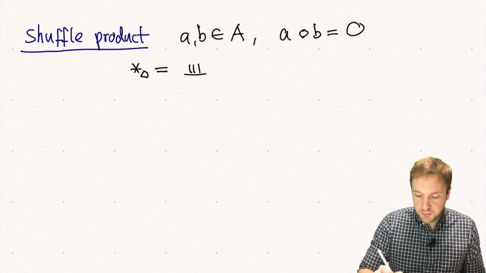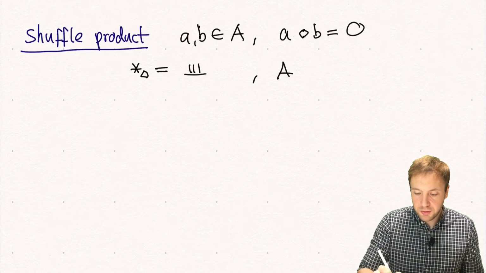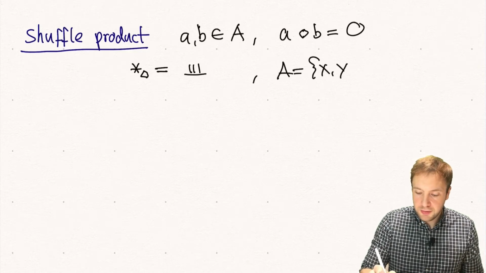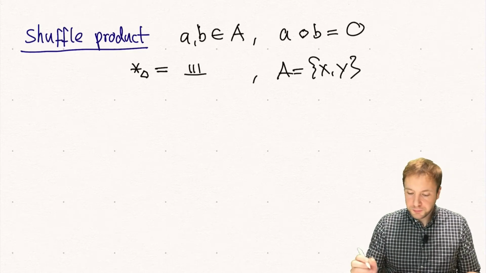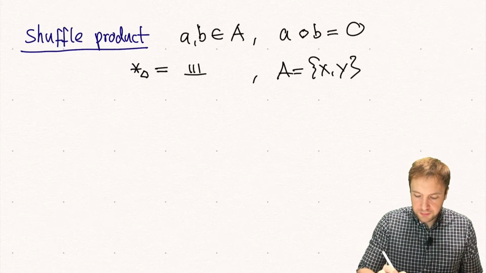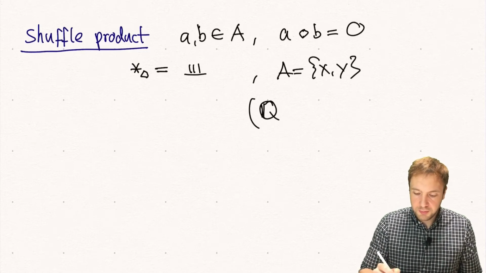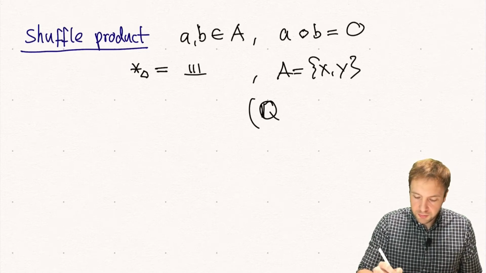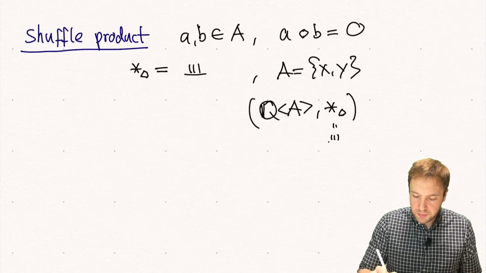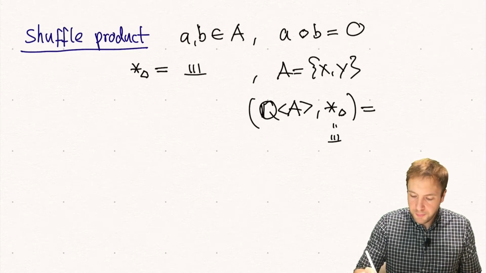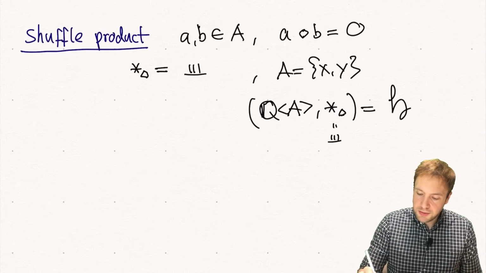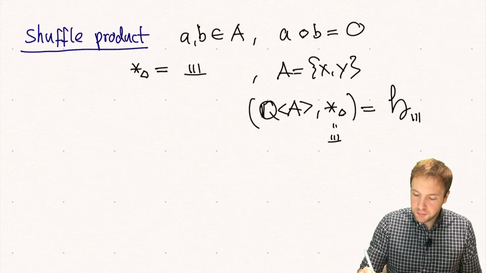And we saw before the example when A is xy, and then we took the case k equals q. In this case this quasi-shuffle product, which we denote shuffle, was basically just h with the shuffle product.